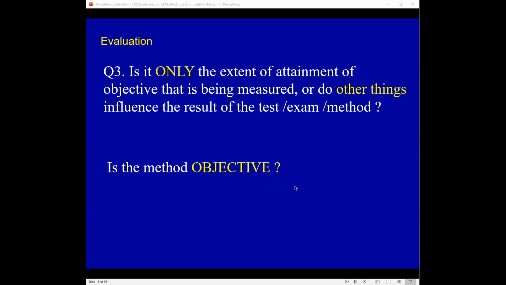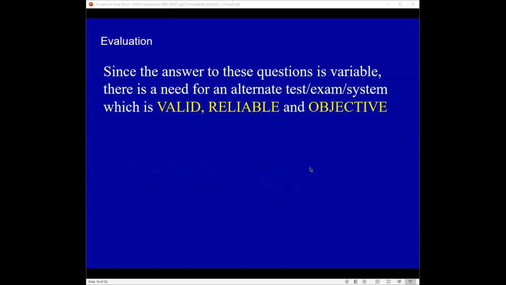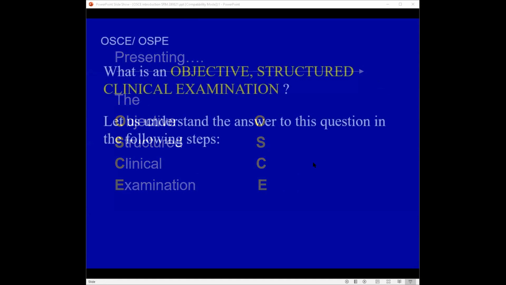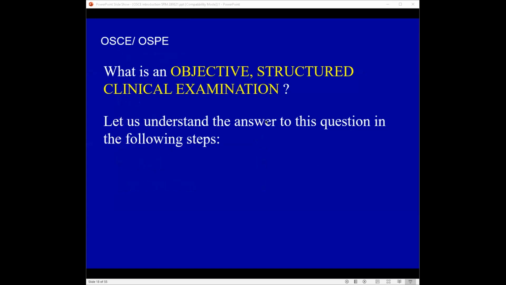And it is in this setting that we are discussing today the need for a system which we believe is valid, reliable, and objective to an extent at least, which is the objective structured clinical exam, or OSCE. And when we replace the word clinical with practical, we get an OSPE, objective structured practical exam. So our first question is, what is this objective structured clinical exam?